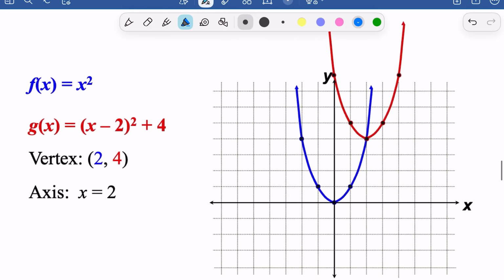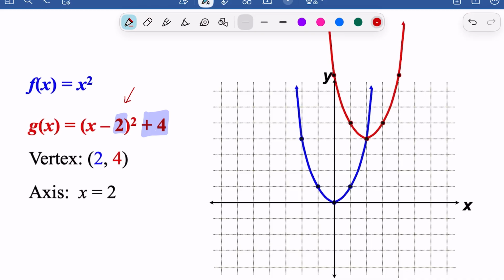So again, if we look at this one, our parent function is x squared. If we look at the red function, we can see that our 2 tells us that we moved to the right 2 places. The 4 tells us that we moved up 4 places.